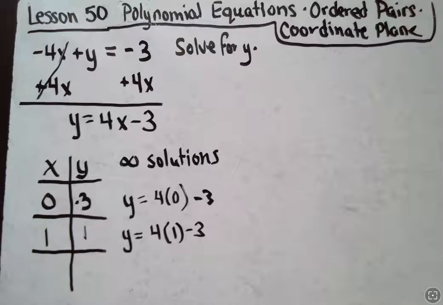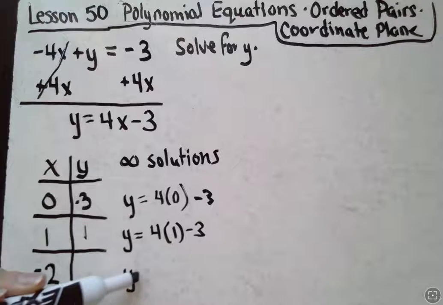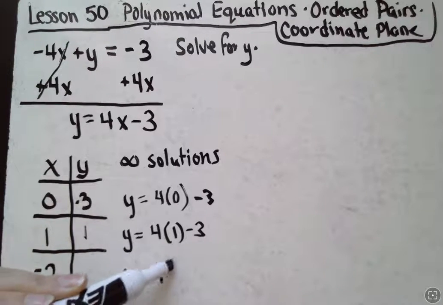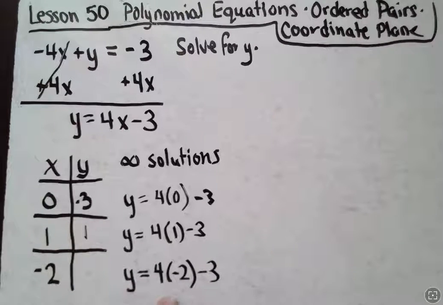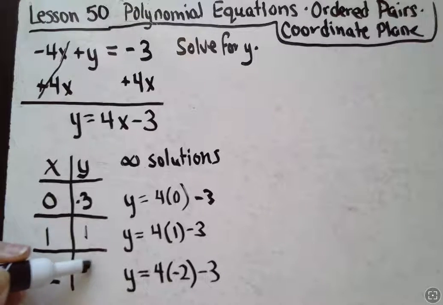And I can continue doing this all day long. I'll just do another negative one. I'll do, say, -2. What if I plug in -2 for my x value? 4 times -2, what would be the y value? That would be -8, -8 minus 3, which would be -11.